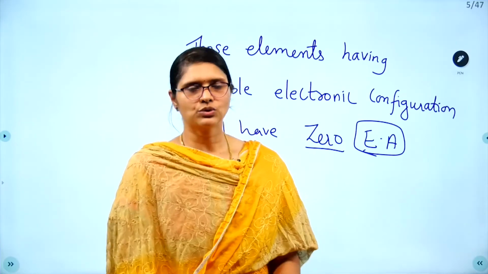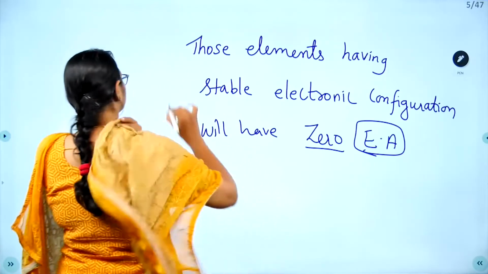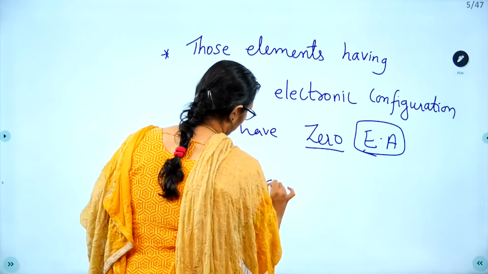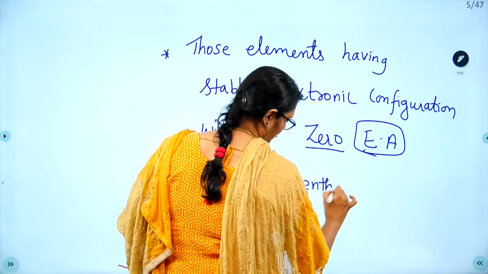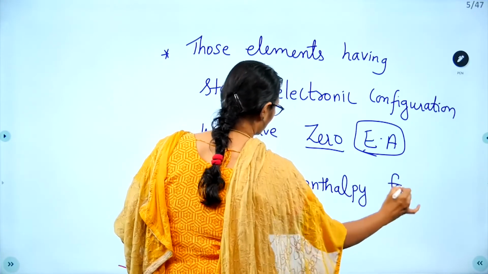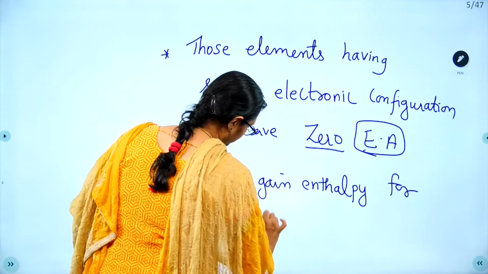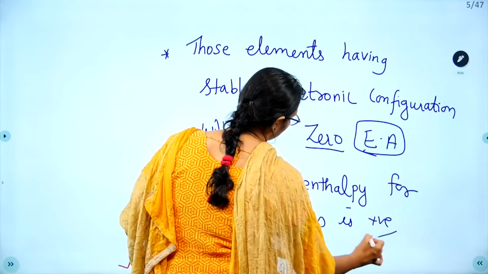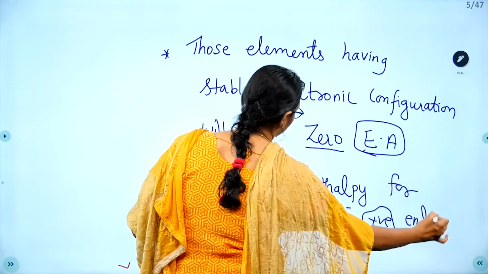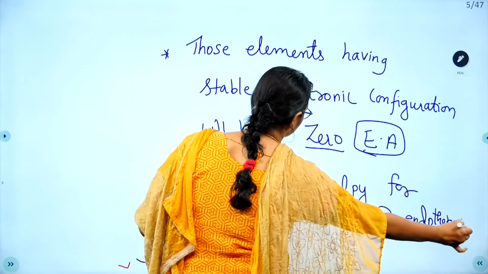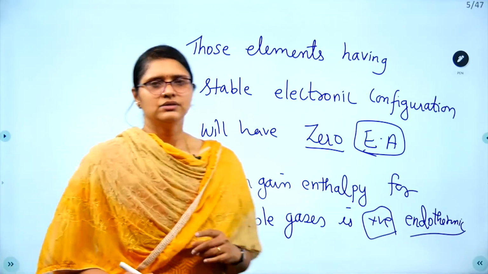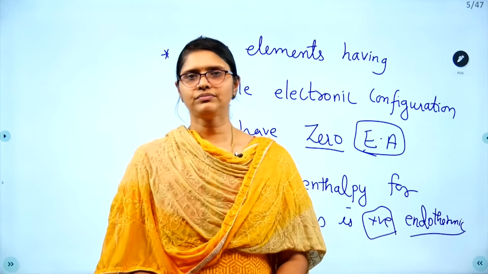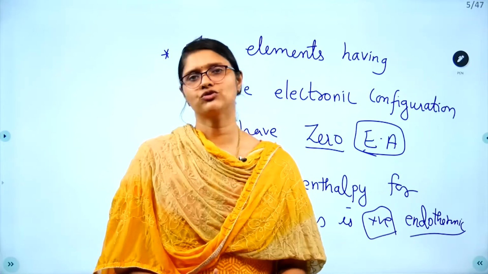So the electron gain enthalpy for noble gases is positive, which is nothing but endothermic. It is supposed to be exothermic, but here it becomes endothermic. You are supplying energy to the noble gas and making them accept, so delta H is positive.